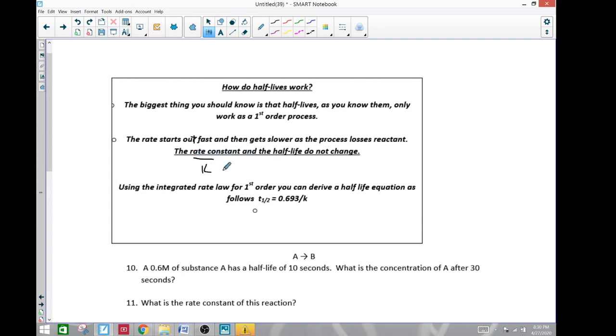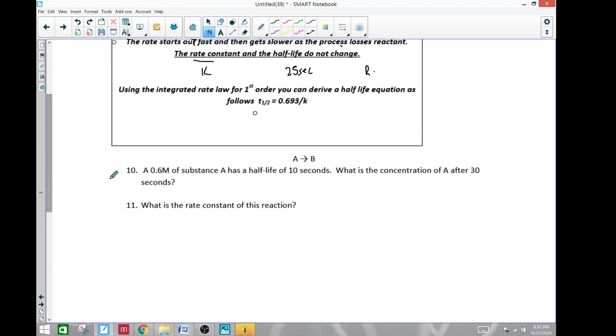So the k value and the half-life, let's say it's 25 seconds, that's what we had earlier, that's not going to change. Well, if this stuff isn't changing and our concentration is dropping, that means the rate has to be dropping. So it'll really be slowing down. Okay. Using the integrated rate law, first order, you can derive the half-life equation, which is this.